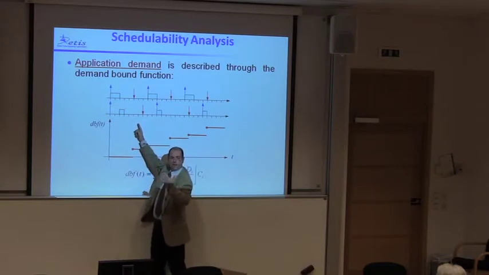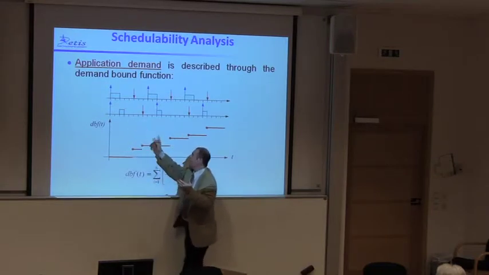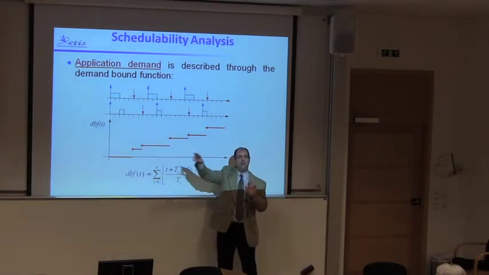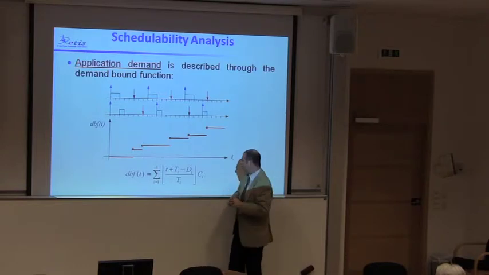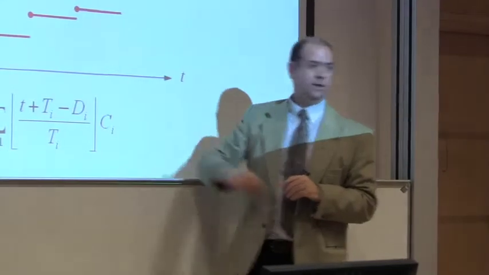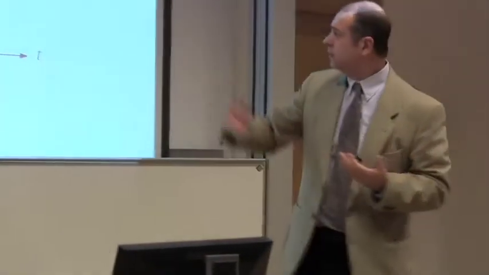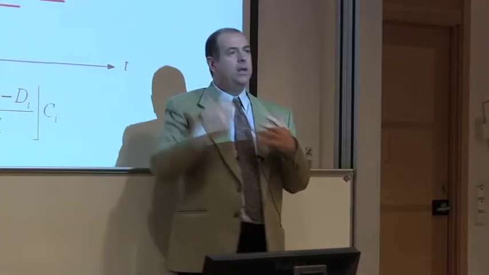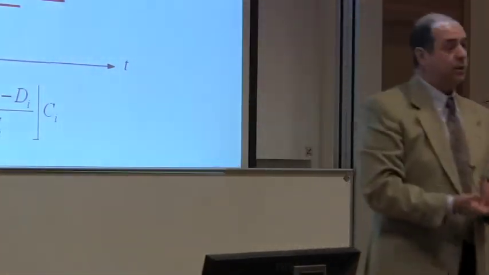So each task generates a regular step function, and then we sum all of them. Of course, they have different computation times, different periods, and also different deadlines. So this represents the amount of computation requested by the application in any interval 0 to t. In any interval, we know how much we need to execute.